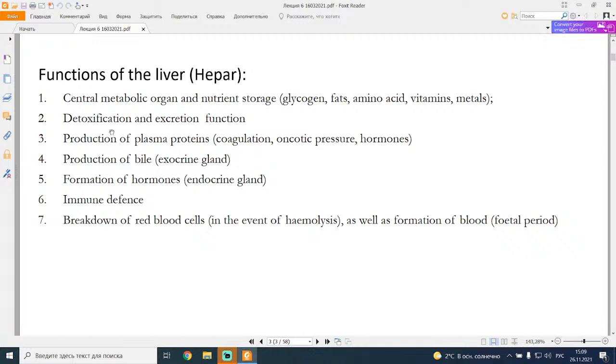Second, detoxification and excretion function, production of plasma proteins, coagulation, oncotic pressure hormones, production of bile, formation of hormones as an endocrine gland, immune defense, and the next function, breakdown of red blood cells in the event of hemolysis, as well as formation of blood in the fetal period.